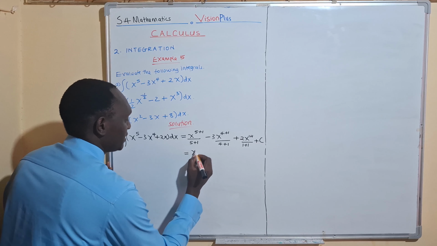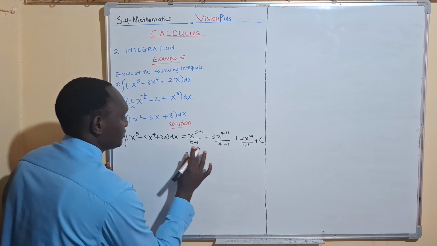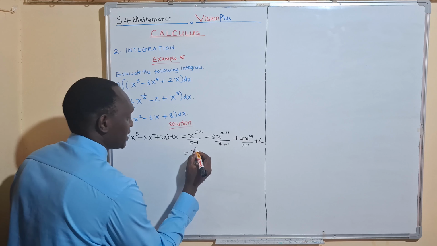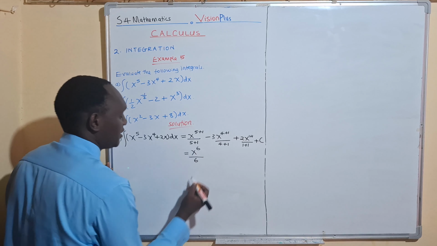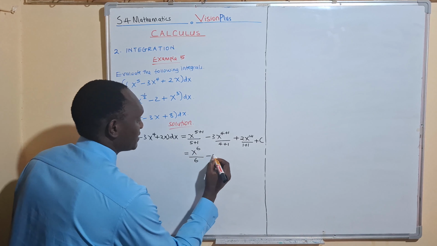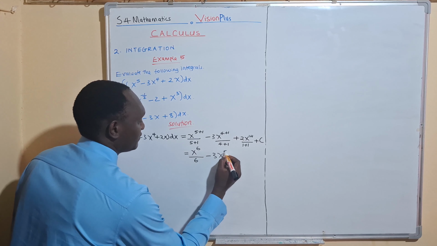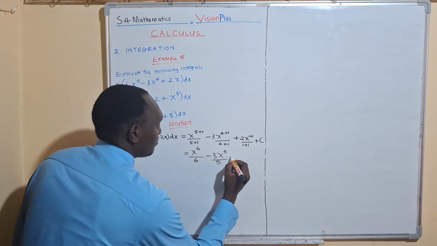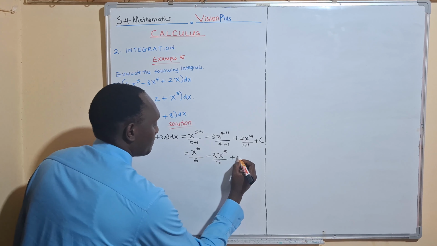And then we simplify. Now the power is 5 plus 1 is 6, x power 6 out of the new power 6, minus 3x power 5 out of the new power 5, plus 2x squared out of 2.